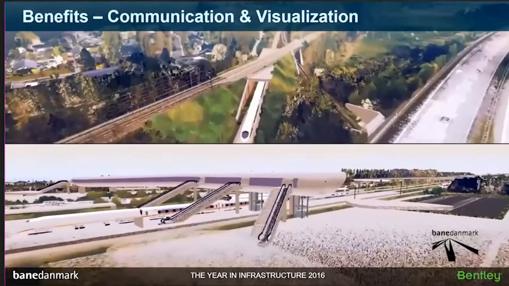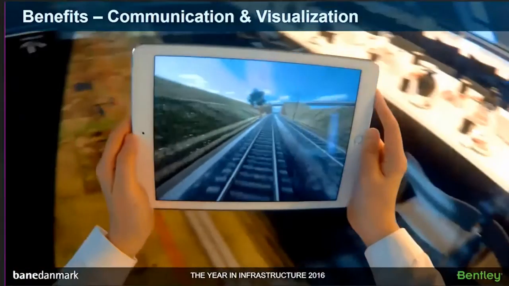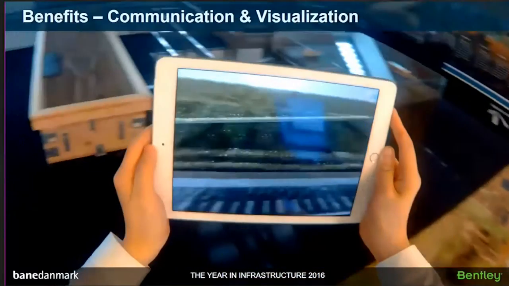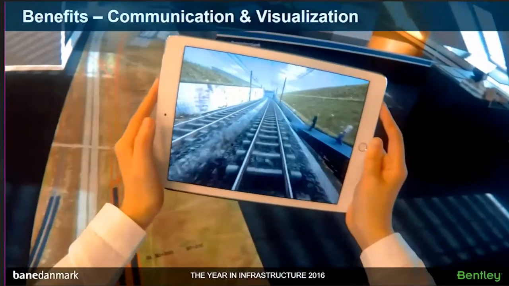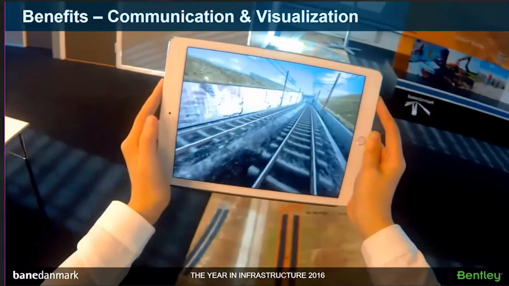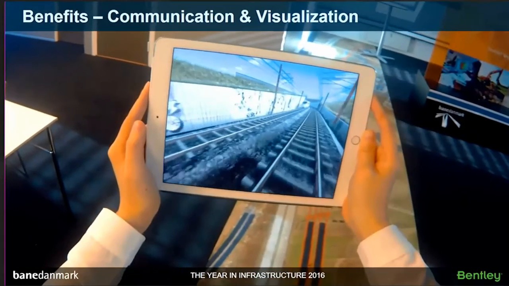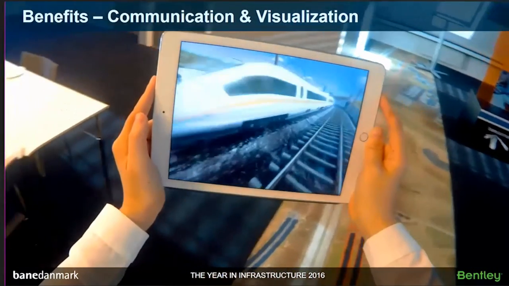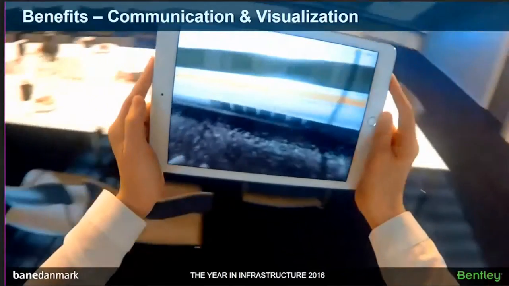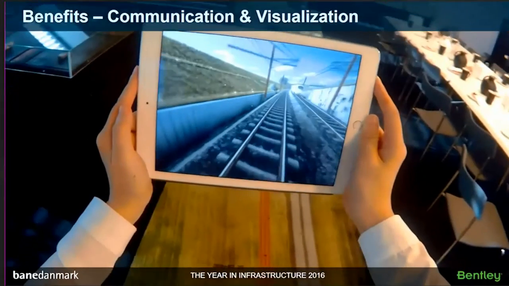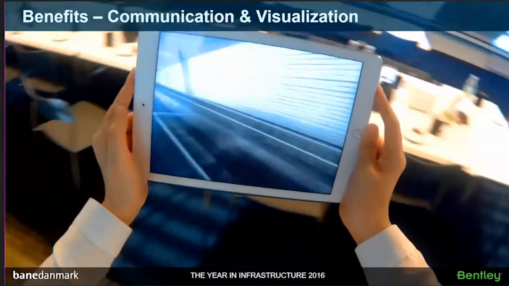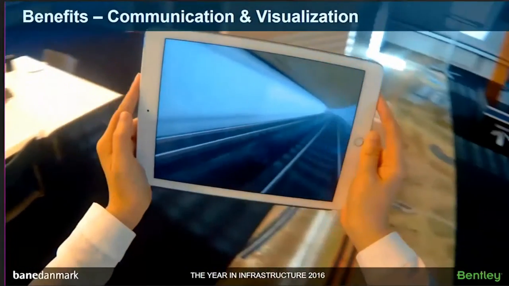And then some of you have seen this one, making 360 degree videos, also for communication both with authorities, but also to give information to other contracts and the people living around the line.